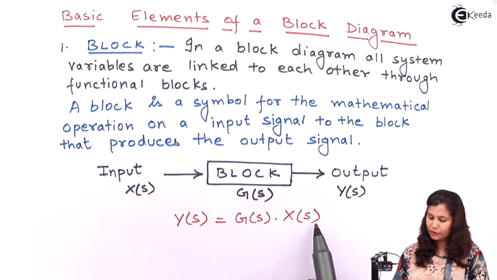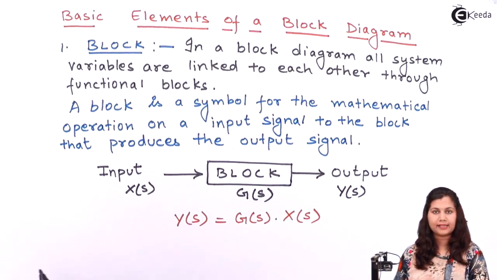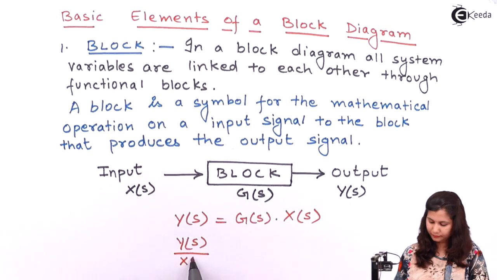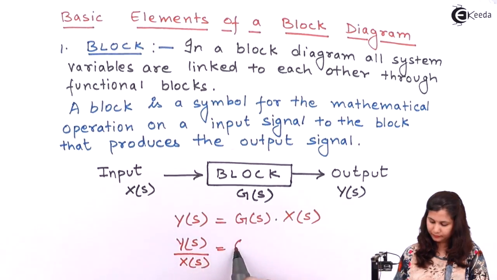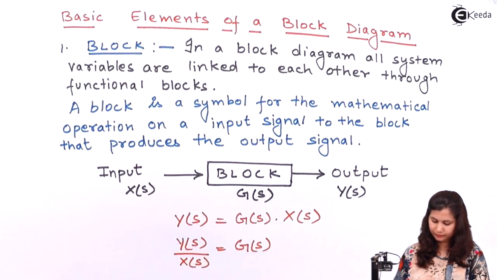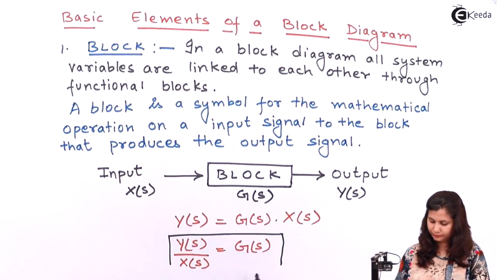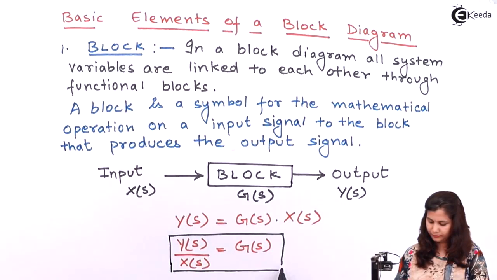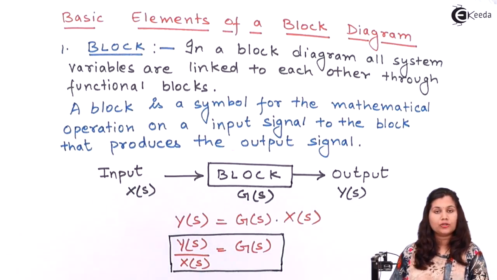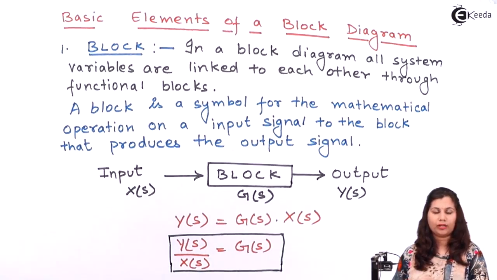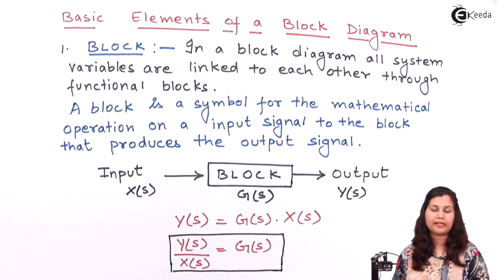So if we take the ratio of Ys and Xs, it will be equal to the transfer function. So this is the way in which we can represent a block. So block is the first basic element of a block diagram.